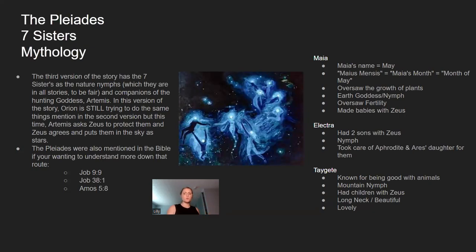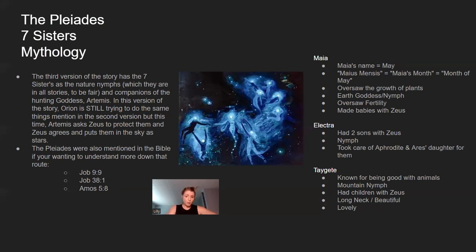Electra had two sons with Zeus, was a nymph, took care of Aphrodite's and Aries' daughter for them. Interesting, right? Because Aphrodite and Aries, they had two sons too, but their daughter Electra took care of. So Taygete, I think is how you say it.